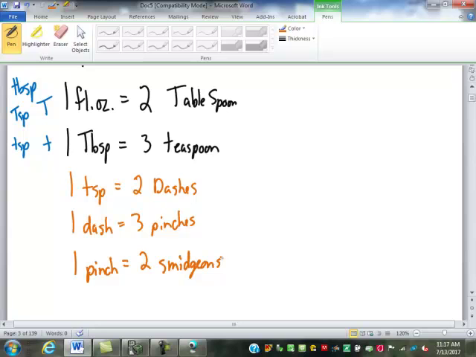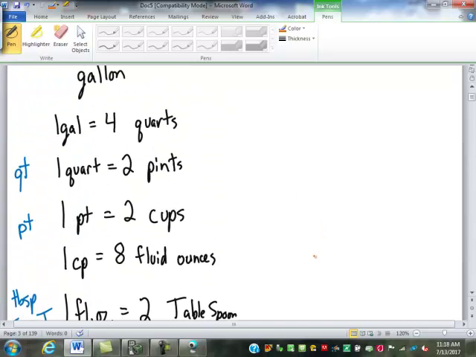But anyway, the pinch, you actually reached into the powder, pinched your fingers together, and what was between your fingers was a pinch. A smidgen, this one seems kind of nasty to me. You stuck your finger in the powder, and what stuck to your finger was a smidgen. Now, so the cook with sweaty fingers had big smidgens, apparently. But that always kind of sat wrong with me.